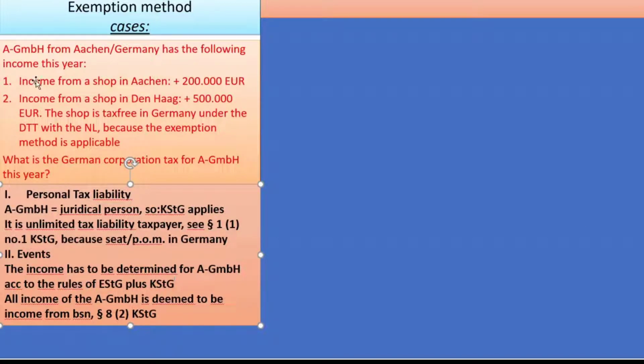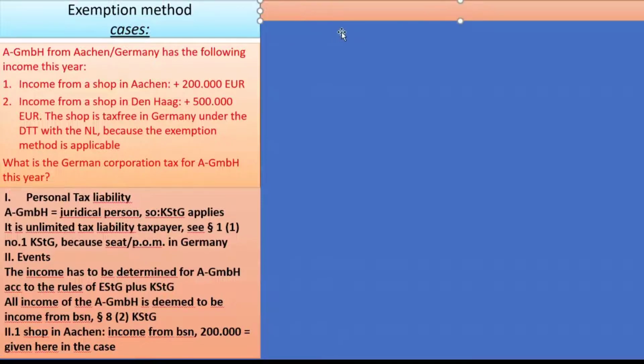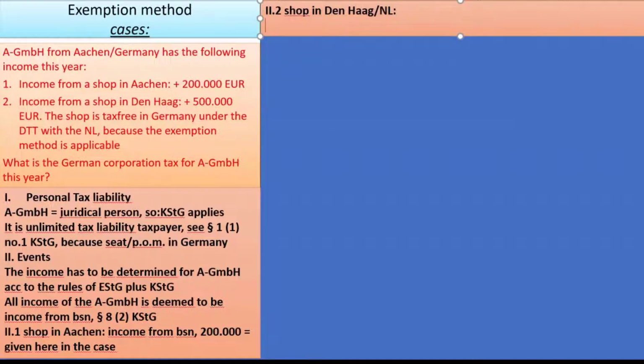Now everything has to be seen as income from business, so we can be reasonably sure that the shop in Aachen is income from business, and the amount is 200,000. That is given here in the case. Now, event number 2, shop in Den Haag, Netherlands. It's income from business, see above.